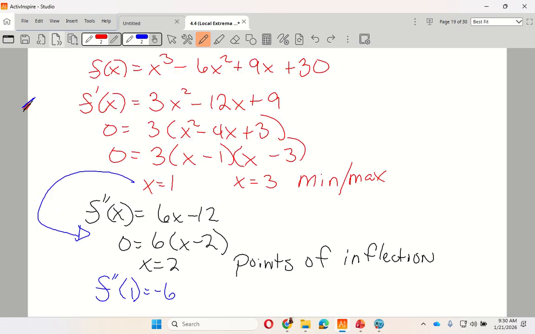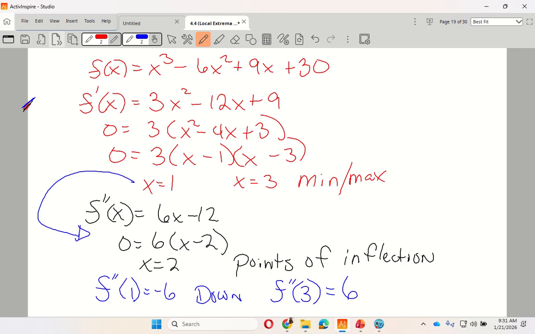That right here it's negative, so this is concave down. f double prime of 3, I get 6, right? 6.